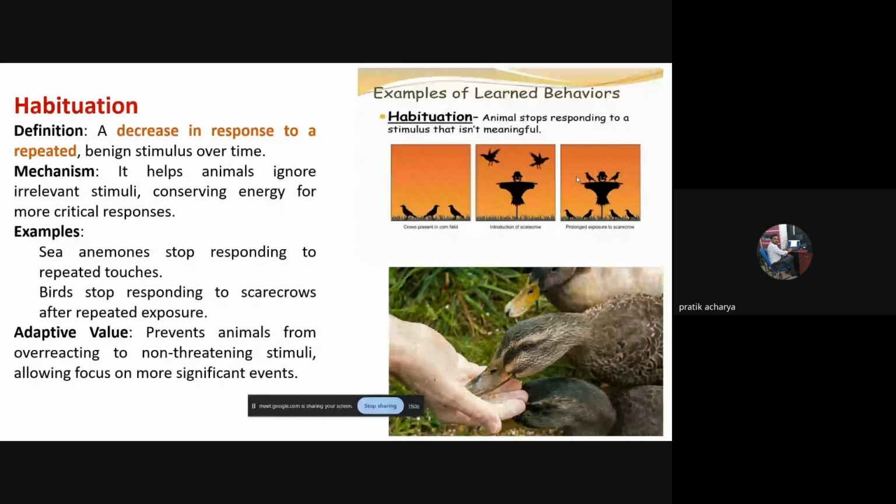That kind of stimulus is known as a benign stimulus, repeated and fixed to a particular place. If we are discussing the scarecrow, benign means the scarecrow is fixed to a particular point, and repeatedly the bird will face the scarecrow, which develops the process of habituation. I think this is clear to all. Yes, sir. Any other confusion?